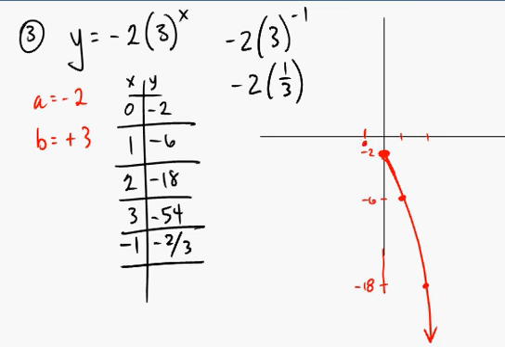And here. How about negative 2? That'd be negative 2 times 1 over 3 squared, or 1 over 9. Negative 2/9. Even smaller than negative 2/3, or at least closer to 0.